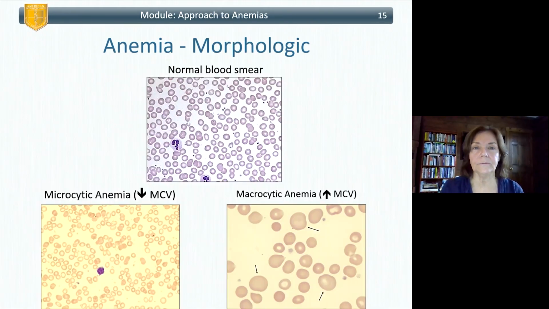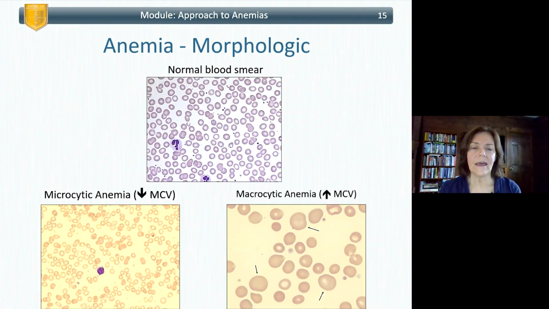So morphologically, the top smear of peripheral blood here shows normal size red blood cells with normal color. The very small dots are platelets, and the white blood cell there you see are neutrophils. On the lower left, microcytic anemia as defined by low MCV.